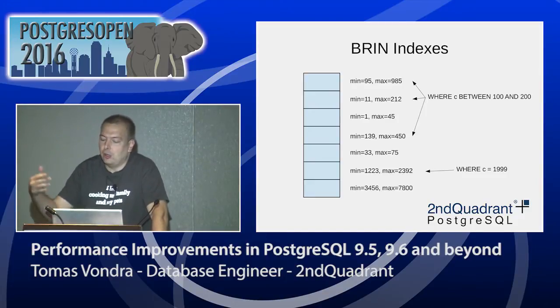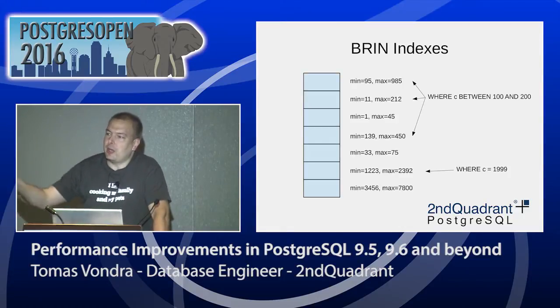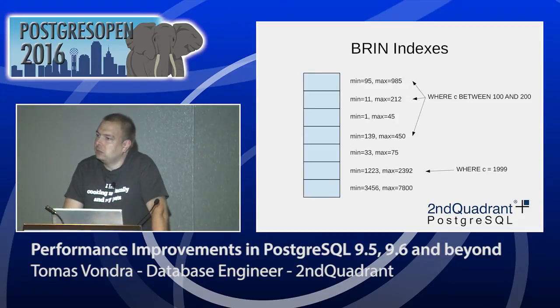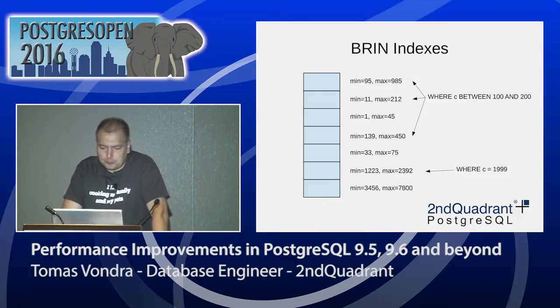So when you then look for tuples where the value in the column is between 100 and 200, you can simply look through the summary of pages, and you will immediately know which pages probably contain tuples with those values, right?